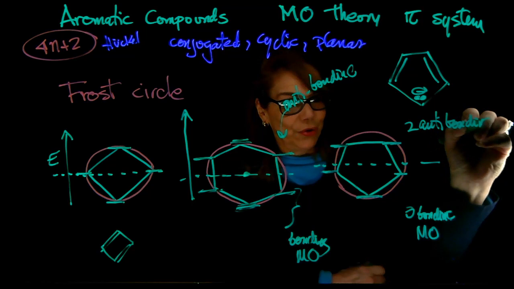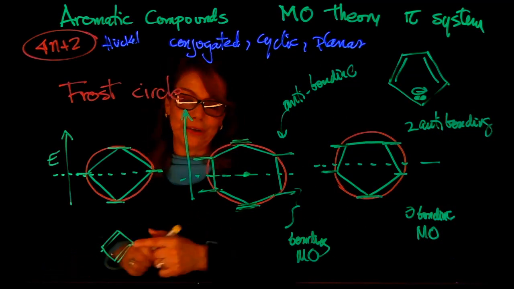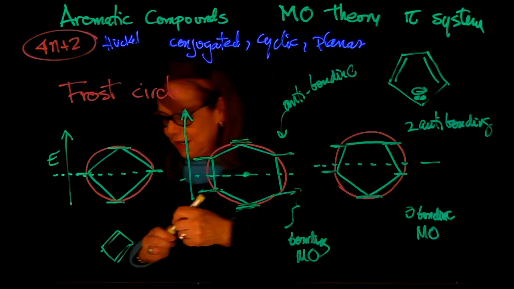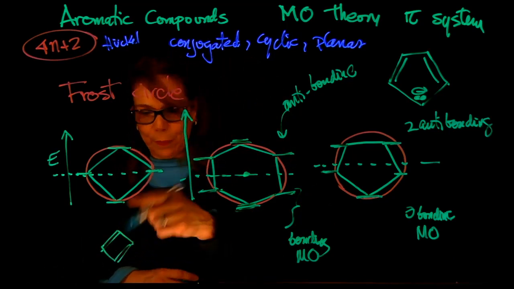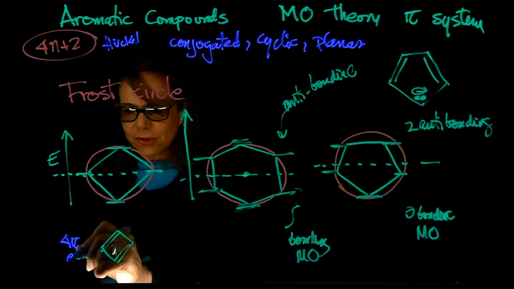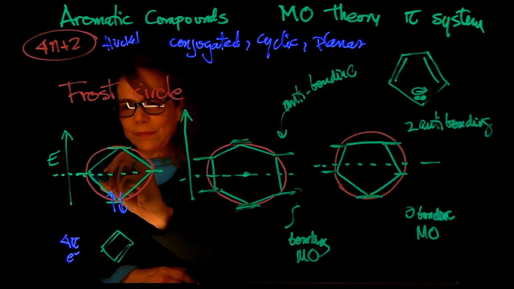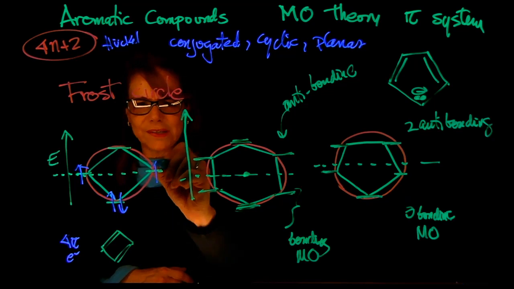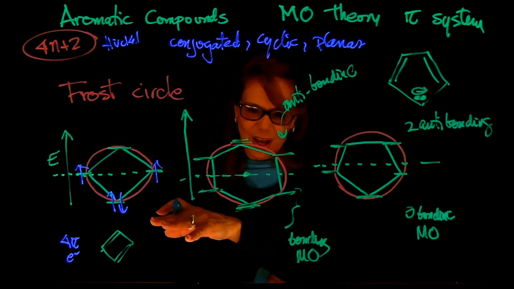All we need to do, if we need to do the electron configuration here, is to place the electrons in the orbitals. Say that I was studying cyclopentadienyl cation, so we have 4 pi electrons. I place 1, 2, and then Hund's rule, 3, 4. So it's an open shell configuration, not everything is paired up, so not as stable.